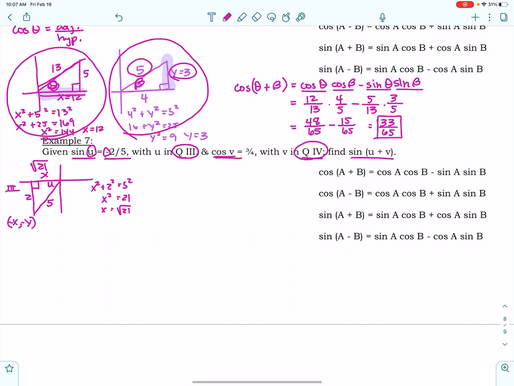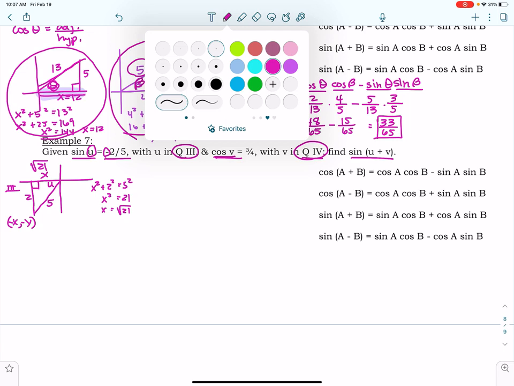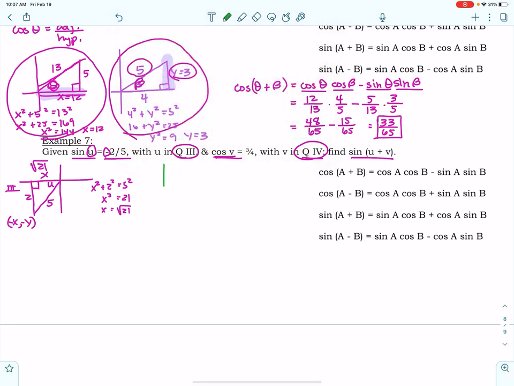It's in quadrant 4. So for quadrant 4, I'm going to use a different color here. So quadrant 4, remember, your x value is positive, your y value is negative. So you're told cosine is positive. Of course, that would make sense. So I'm going to draw a right triangle here, label this V, adjacent over hypotenuse, so I'm looking for y right there.